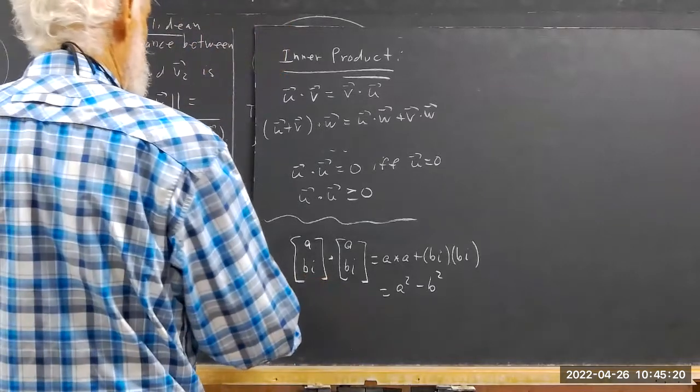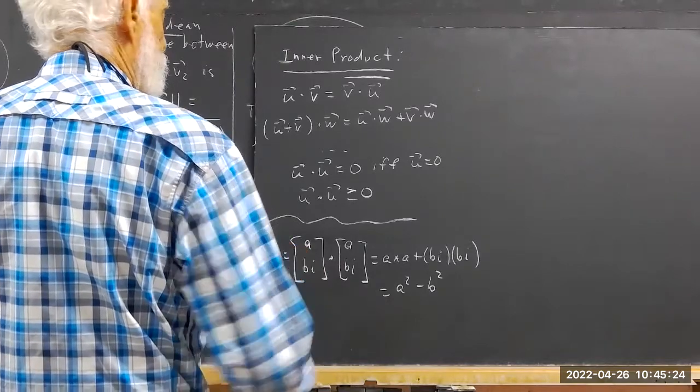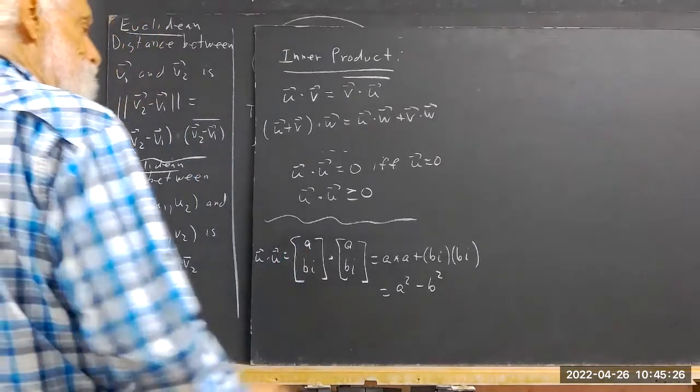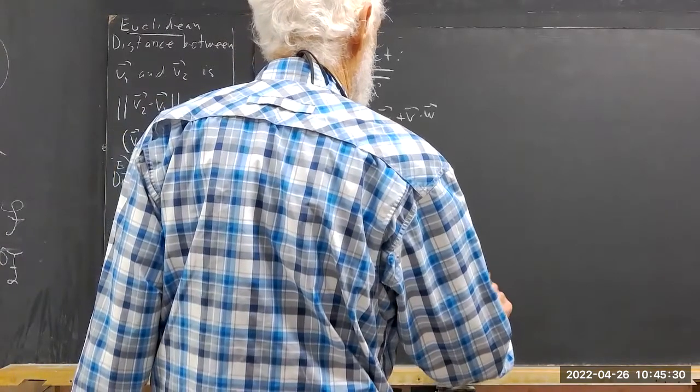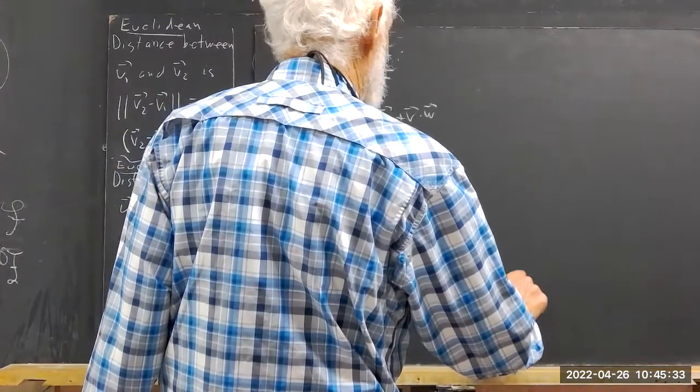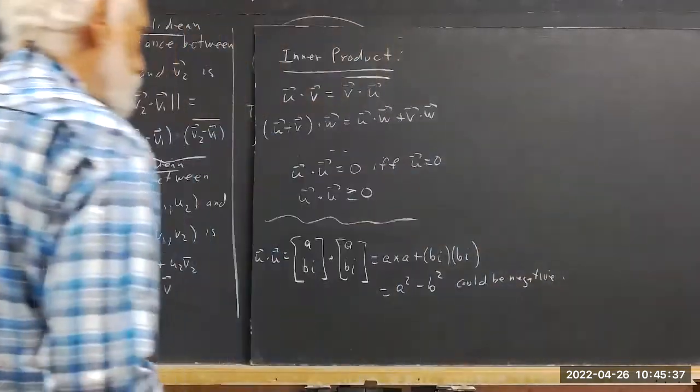So if you had U dot U equals this, clearly this could be negative.